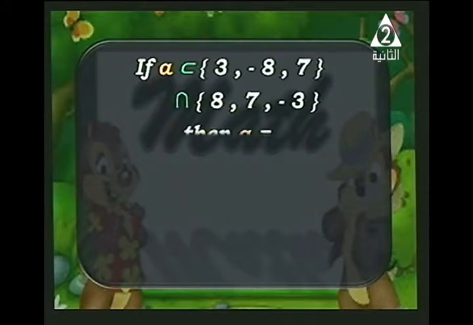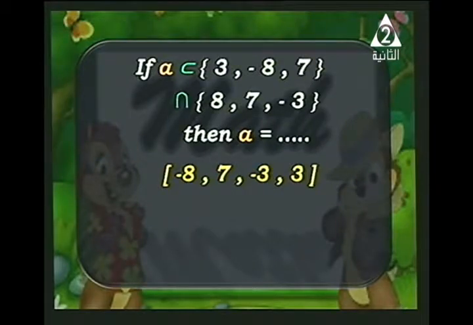Another example. If A is a subset of the intersection of {3, negative 8, 7} and {8, 7, negative 3}, then A equals what? Is it negative 8, or 7, or negative 3, or 3?